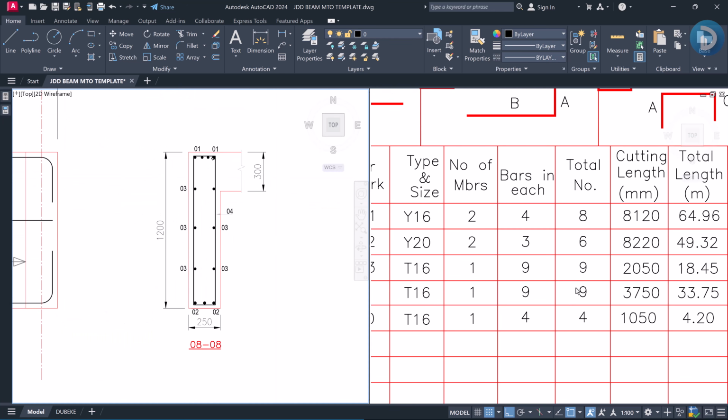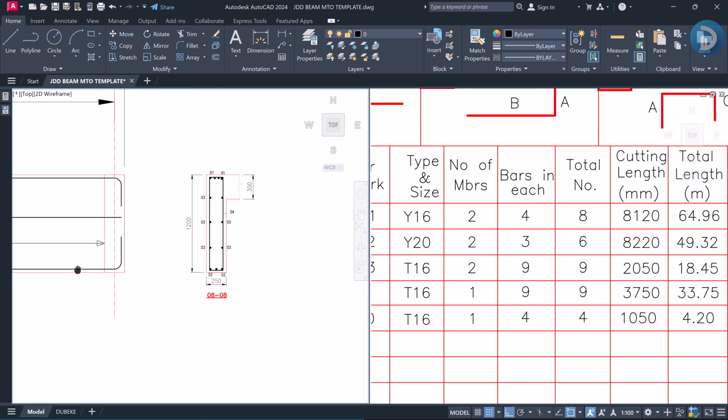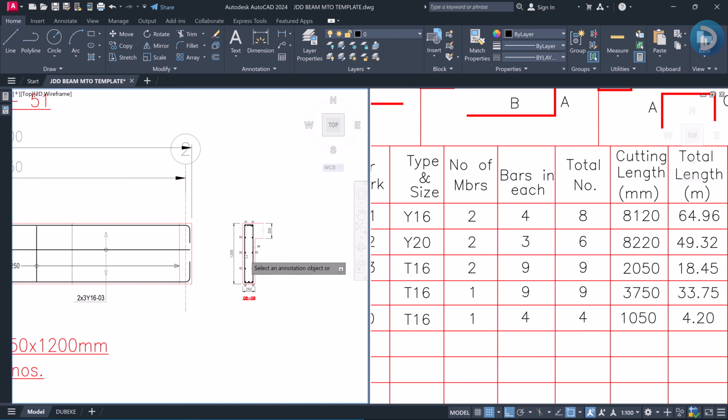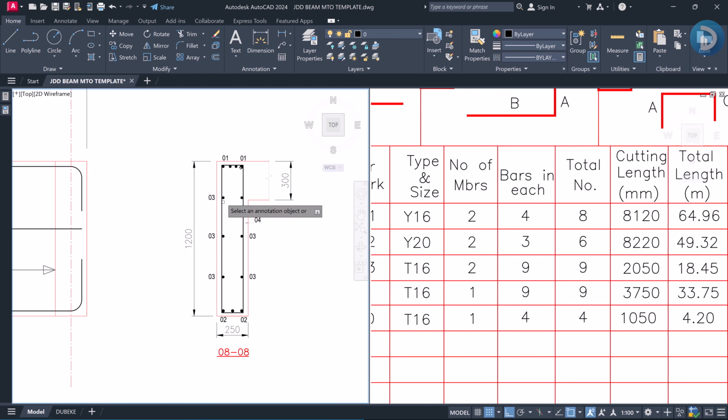And the total numbers of bars in each, let's come here. We have the total numbers of 2 because we also have the same two numbers of beams. The bars in each, we have it to be 2 times 3 numbers, right? So this is 3 numbers and 2 because it's on both sides. So 2 times 3 will give us a total number of 6.